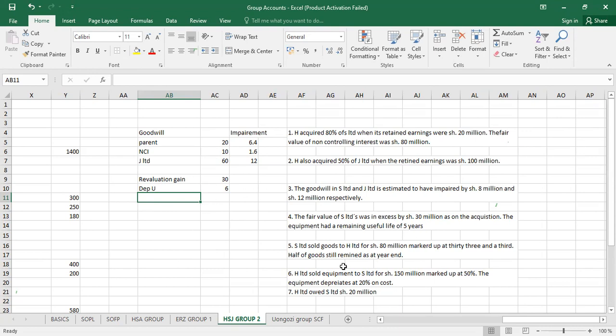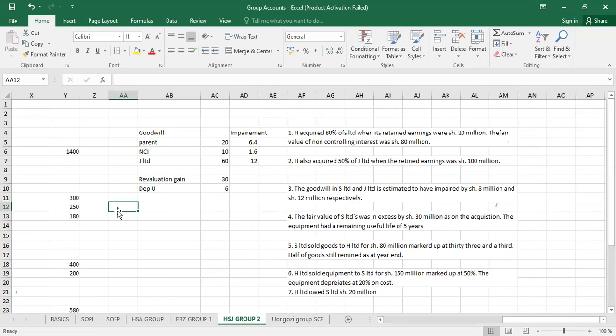Then S Limited sold goods to H Limited. It is an upstream sale, 80 million marked up at 33 and a third. So the markup was 33 and a third.